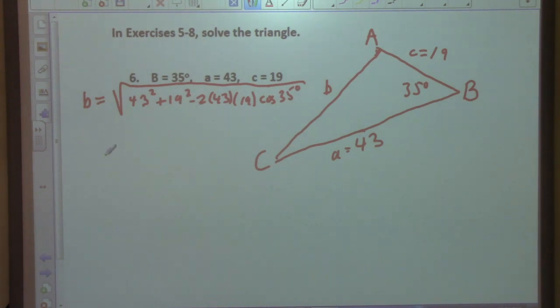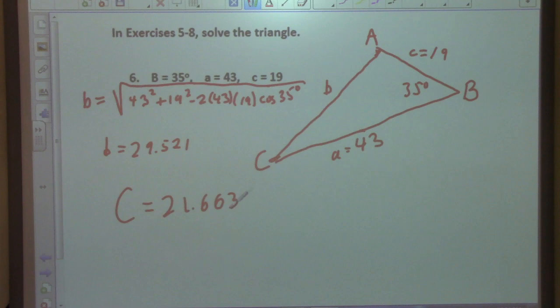What'd you get for this? For E, I got 29.521. Okay, and you did this angle C next? I got 21.663.